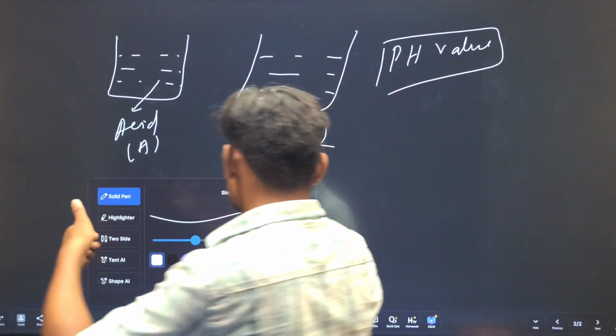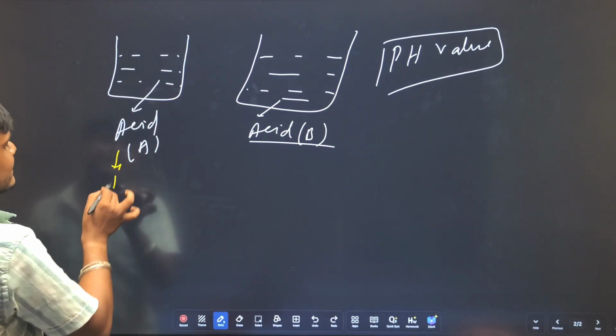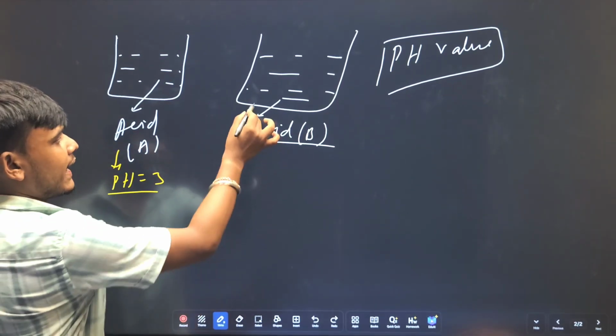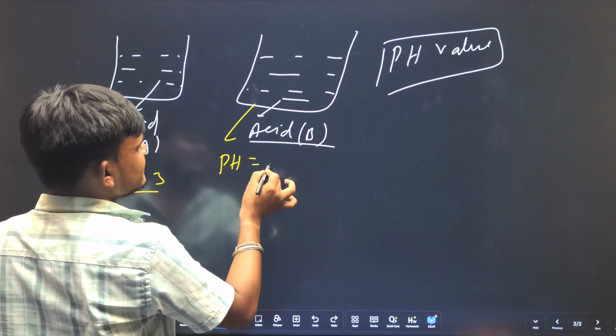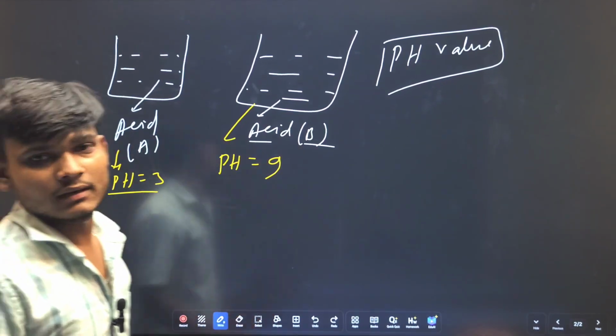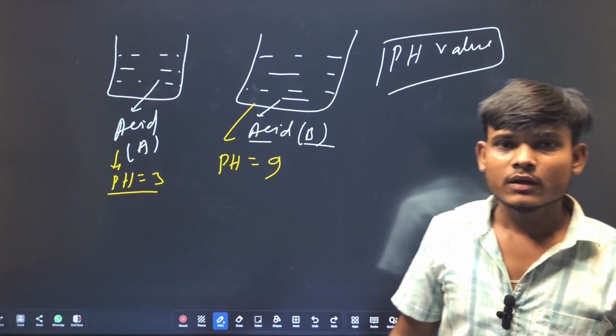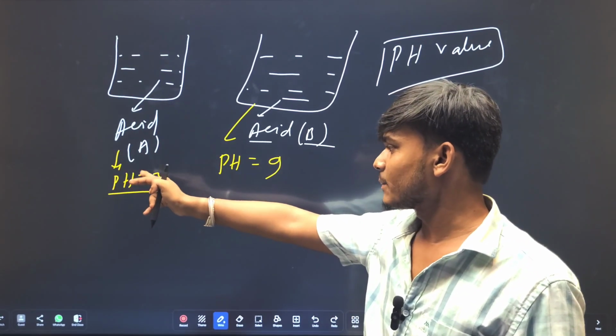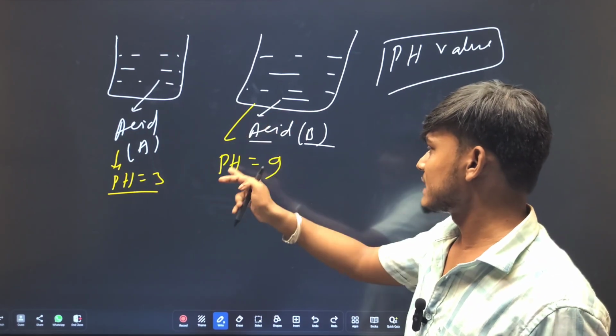Suppose the pH value of this acid is 3 and the pH value of this acid is 9. Please look at the screen. You have two acids: the first acid has pH value 3 and the second acid has pH value 9.